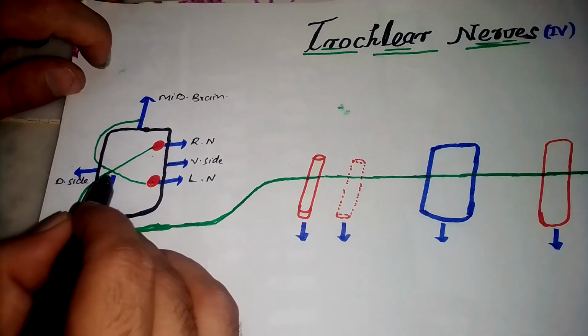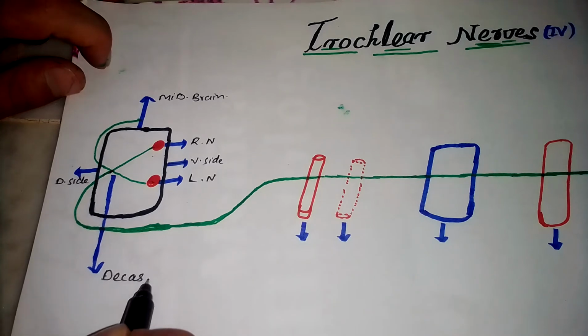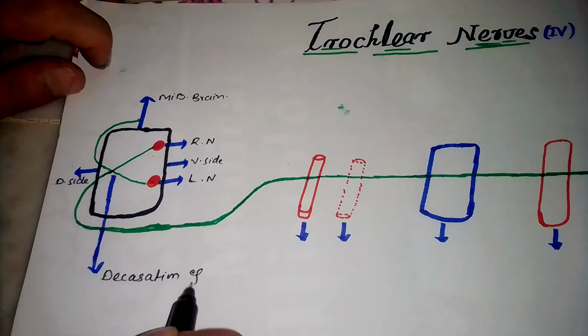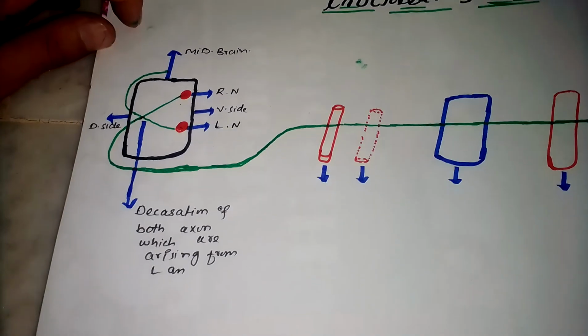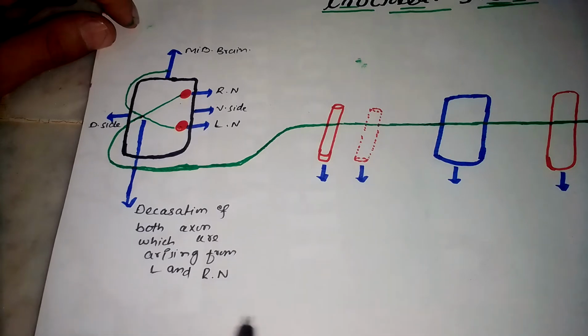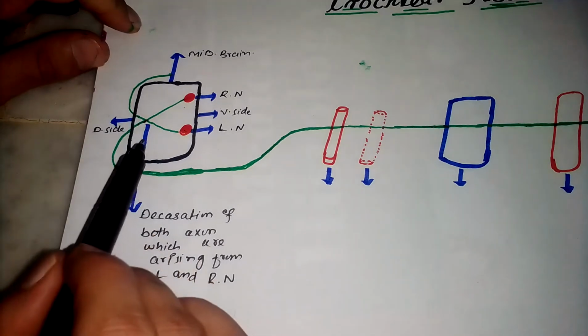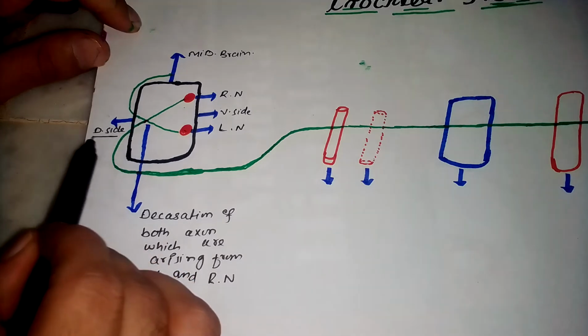Okay, here decussation occurs of both axons, which are arising from the left and right nucleus. Okay, when they decussate with each other, they will move toward the back side, toward the dorsal side.